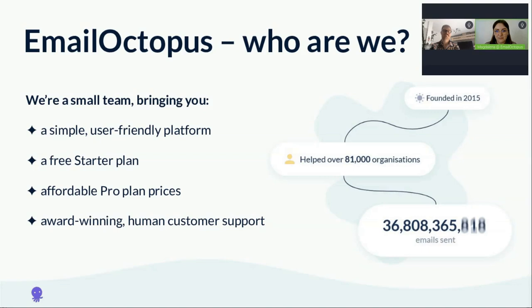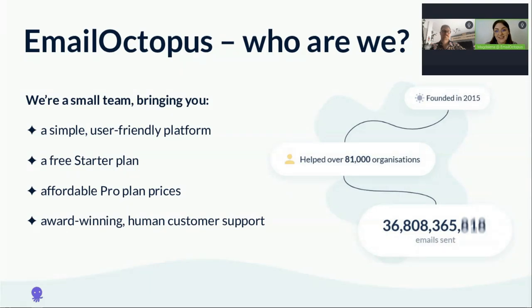But email marketing is a very competitive space. So what makes us unique? 3 reasons. We are simple, affordable, and we offer best-in-class human customer support. So you don't need to be a marketing professional to use Email Octopus. Our product is simple, so anyone can start their email marketing journey. We're also one of the most affordable platforms out there, and there's a good reason.